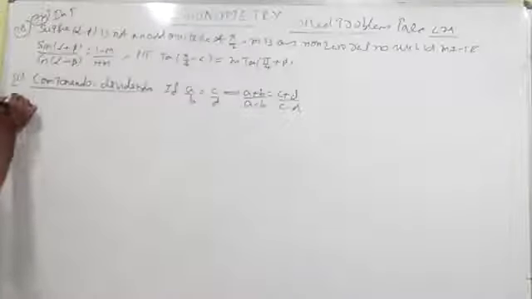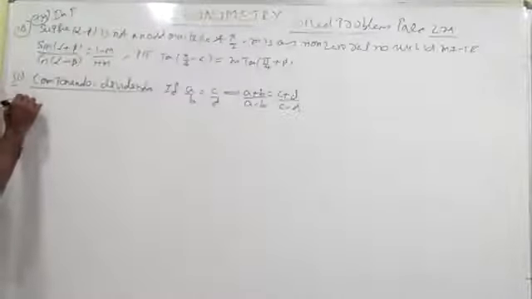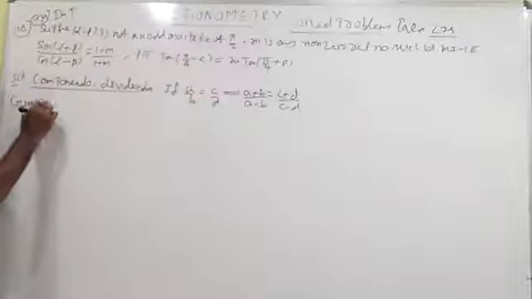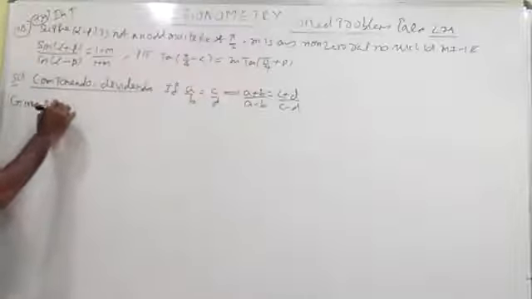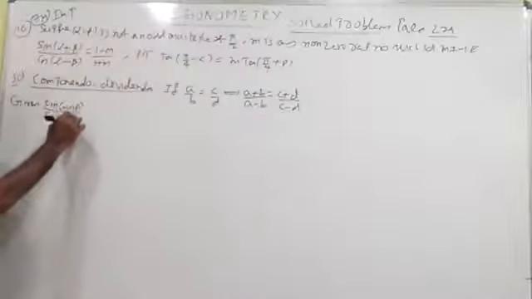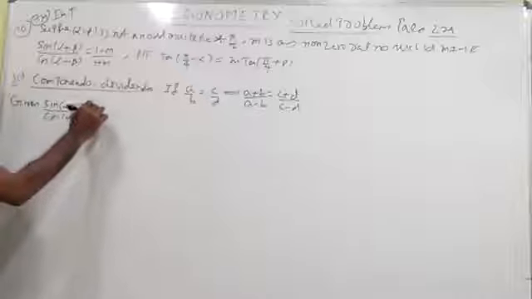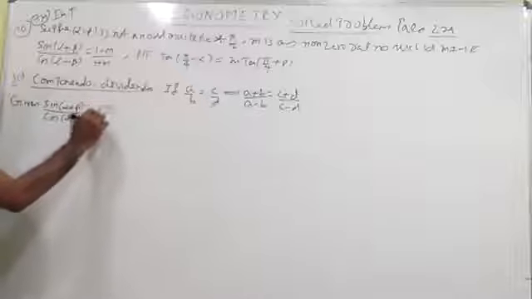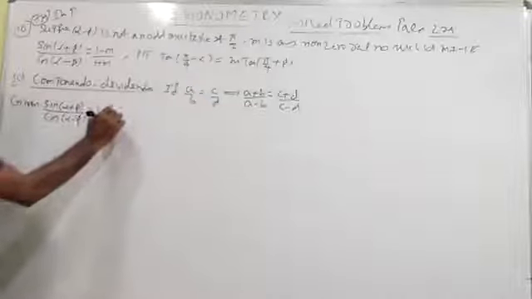Now, given, you should write the given value: sin of alpha plus beta by cos of alpha minus beta is equal to 1 minus m by 1 plus m.